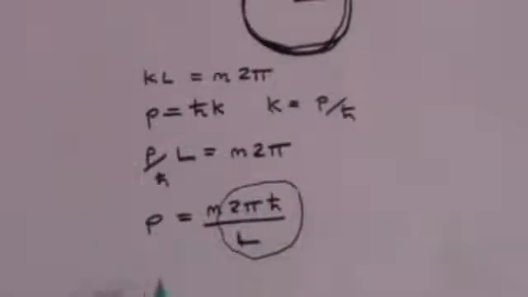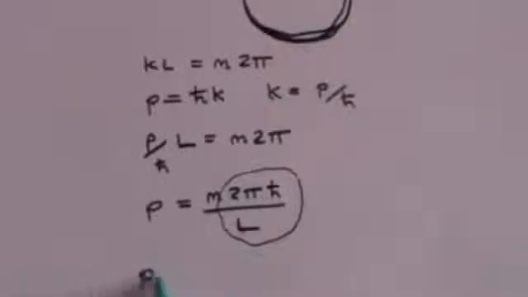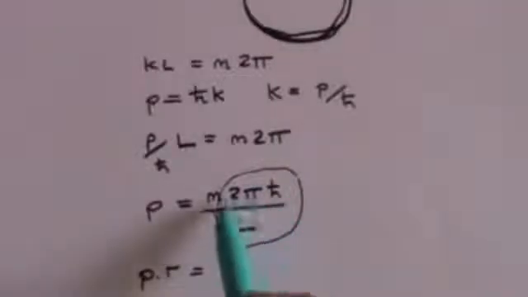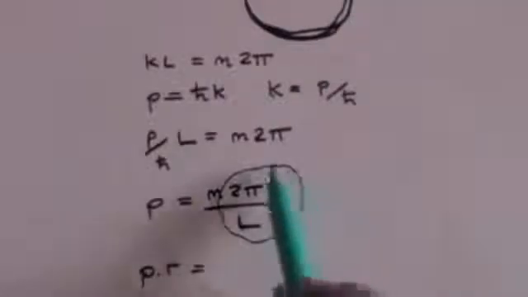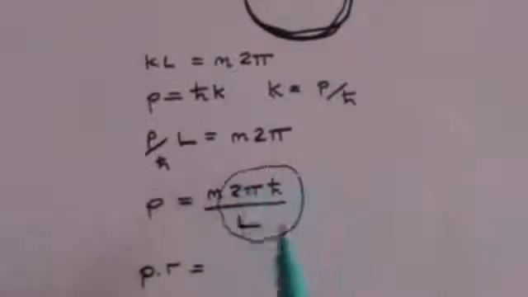Similarly, angular momentum is momentum times r, it's a cross term, but we don't need to worry about that at the moment, and it is going to be the same because the p term is an integer value. It is quantized, and that is essentially the birth of quantum mechanics, that the momentum of the electron cannot have just any old value, it has to have integral values of this term here.